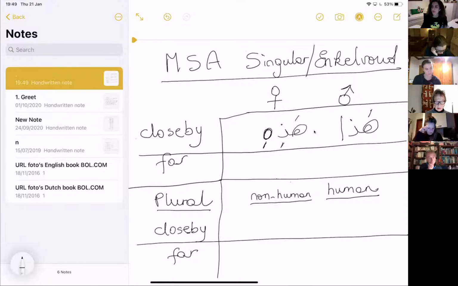And this is a girl. هذه بنت. Okay, without that. I'm not, in your book you have a third row, ignore it for now. I'm not gonna do it now, because we're only doing singular, enkelvoud.